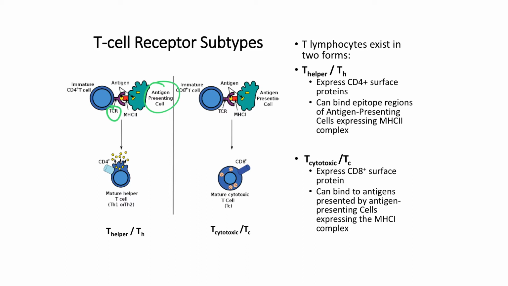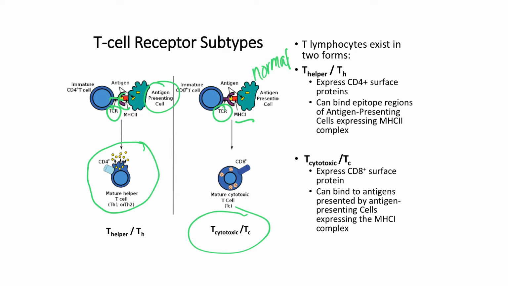Here's our T cell receptor, and this portion of the T cell is going to bind to the antigen presenting cell and then engage in the rest of the immune response. Whereas in cytotoxic T cells, they respond to MHC class I proteins. We still have our T cell receptor, but they are responding to normal cells in the body, and they help destroy cells that have become infected.